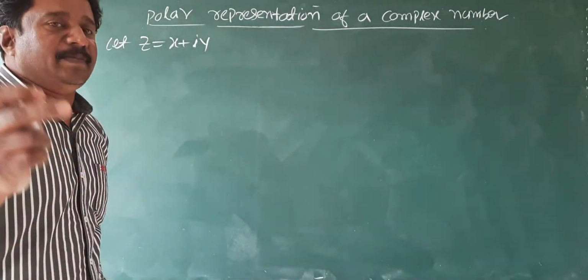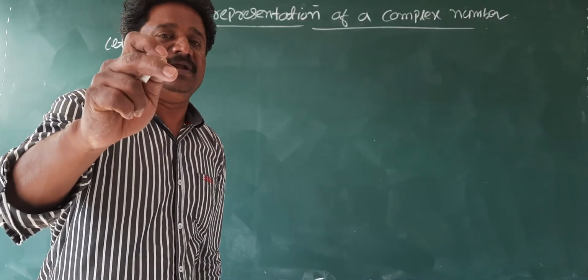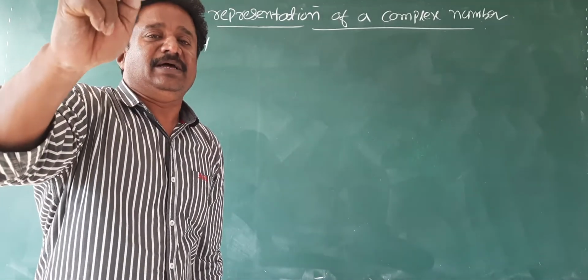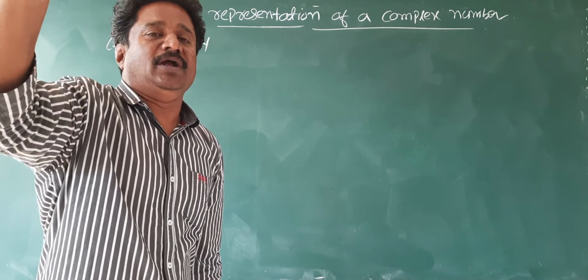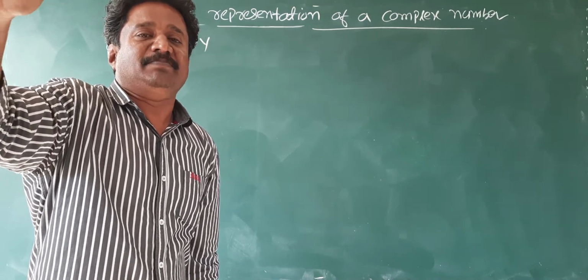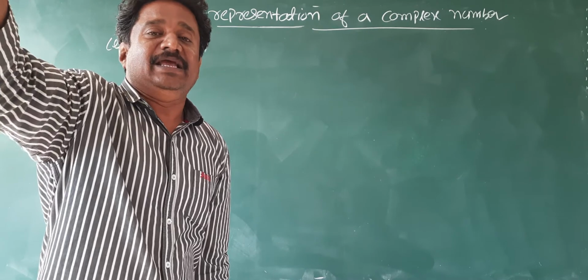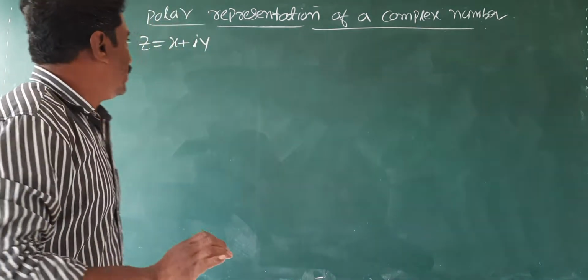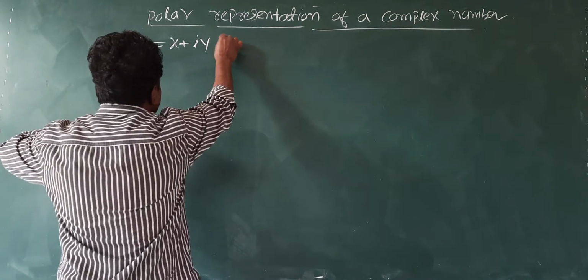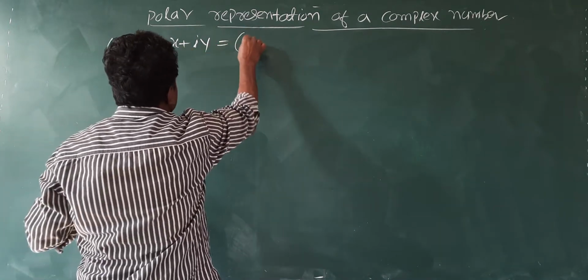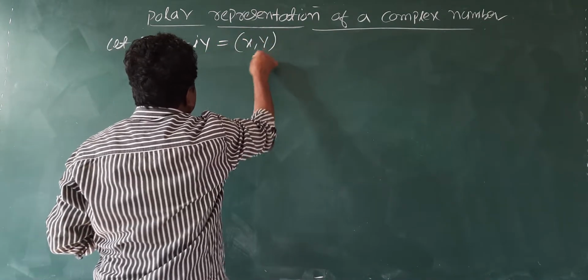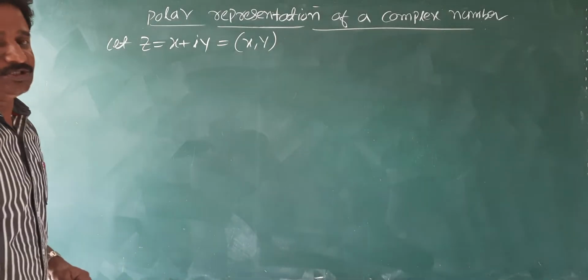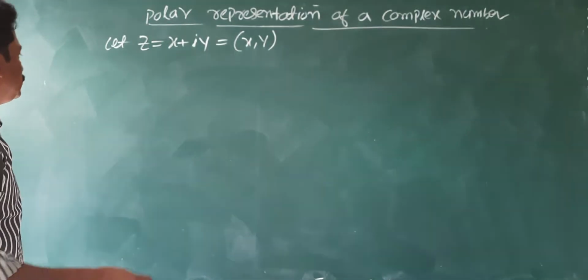That means every complex number in a plane represents a point. So I can take this complex number as the ordered pair (x, y).